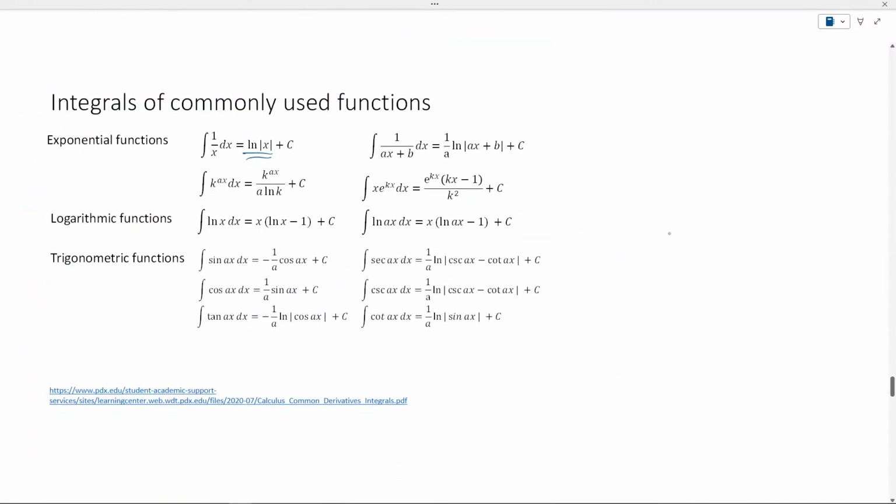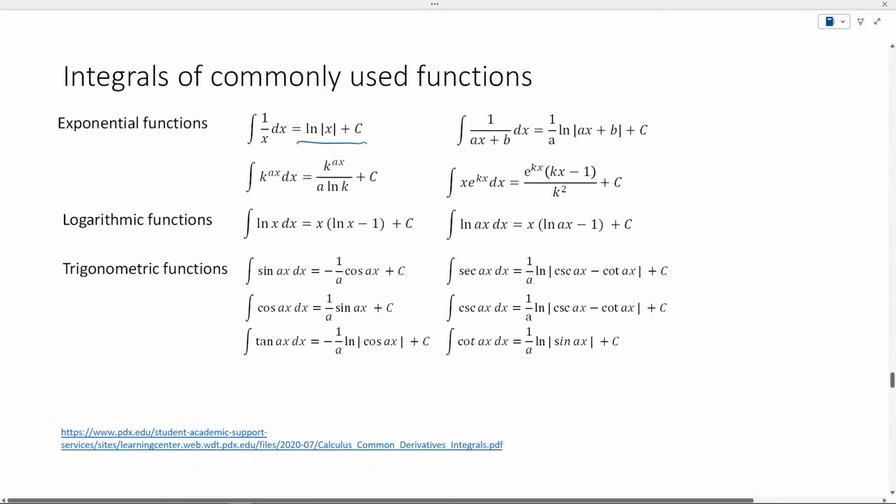So this rule, if you have 1 over x, that's the solution here. If you have 1 over ax plus b, for example, then you get something that looks like this. All of these are what we did before, and all that you see here is called an analytical solution, a closed form analytical solution.